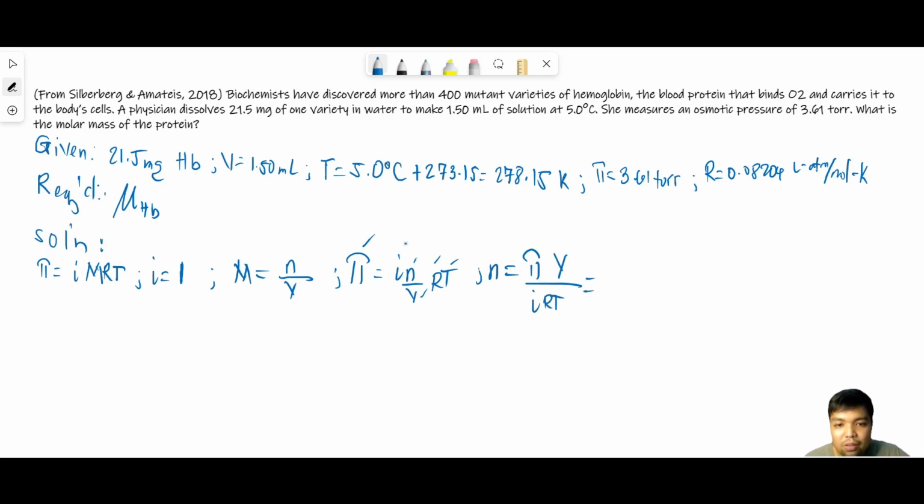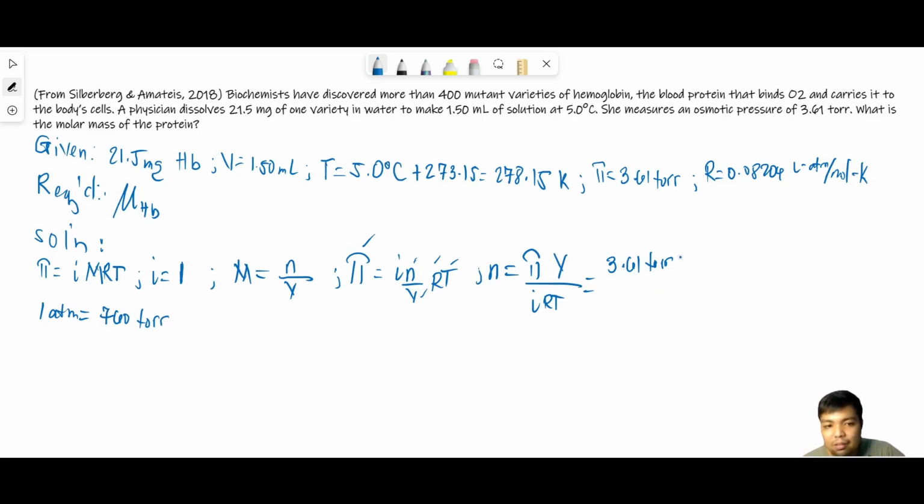So then we substitute the values. So we have 3.61 torr. However, since the pressure should be in atmospheres, we need to convert this to atmospheres. We know that 1 atmosphere is equal to 760 torr. So this will be our conversion factor.